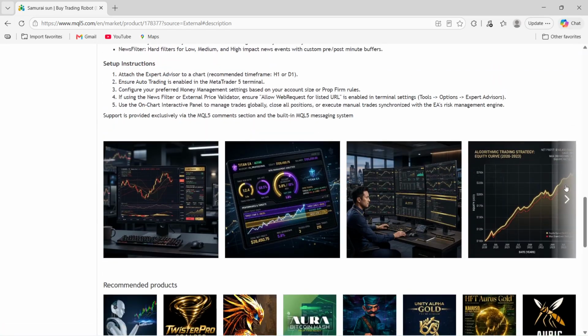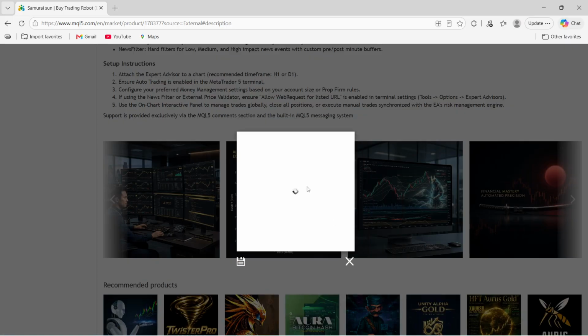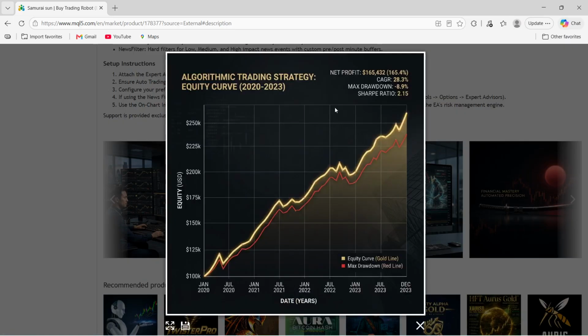Okay, so there we have it. You can take a look at what it looks like from the developer's testing. You can see there was a net profit of 165,432. So that's basically for a 100k account.